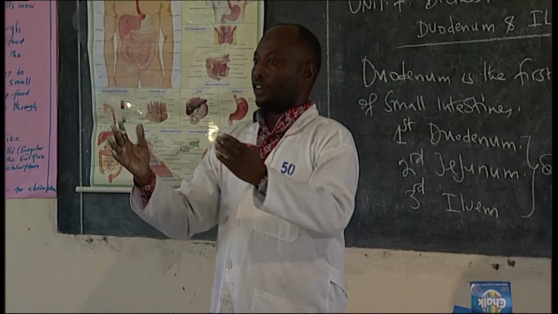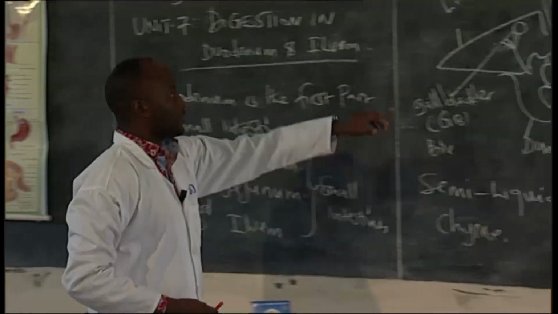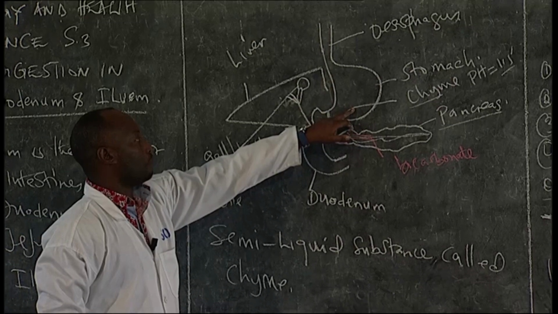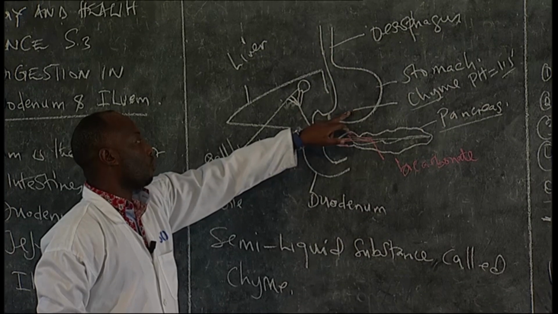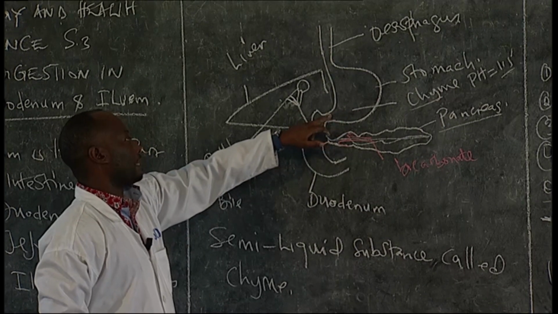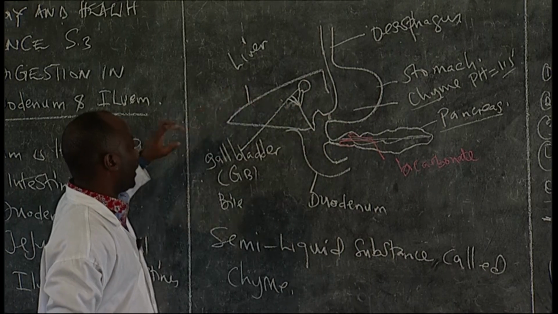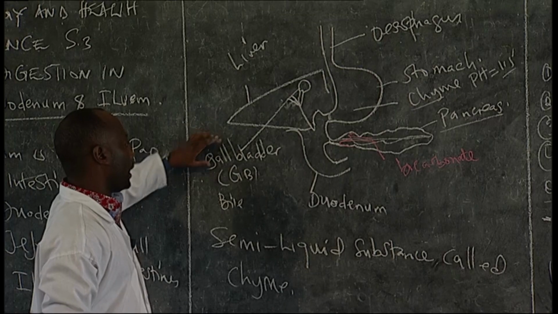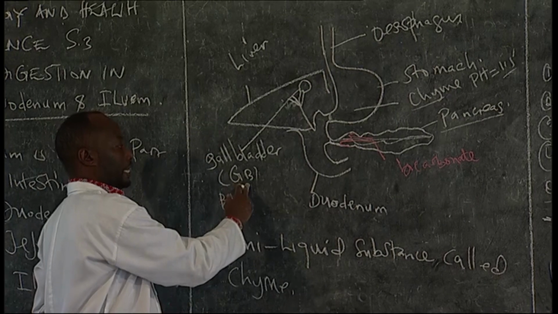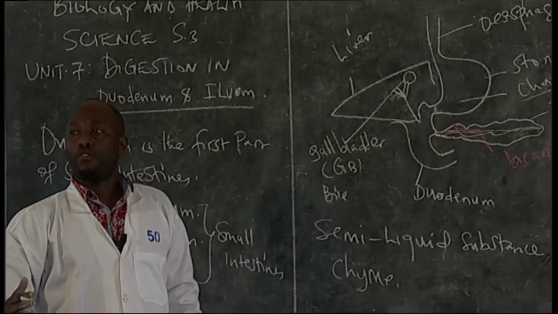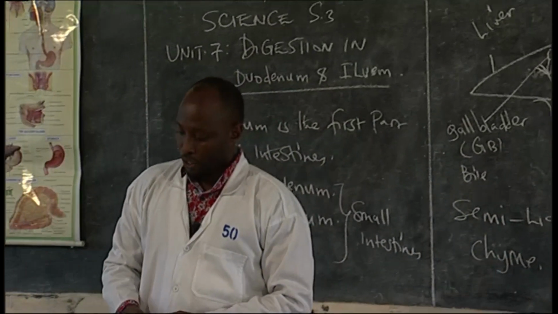Once these fats, which are found in the chyme, are released, they have to be broken down into small molecules so that they can dissolve in water. That is normally done by the gallbladder, which releases the bile. The gallbladder releases the bile, and bile plays a very important function in emulsification of fats.